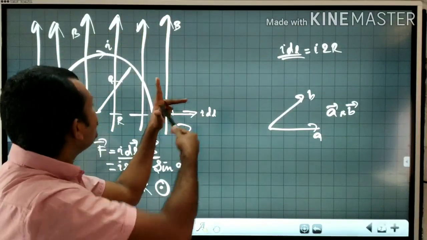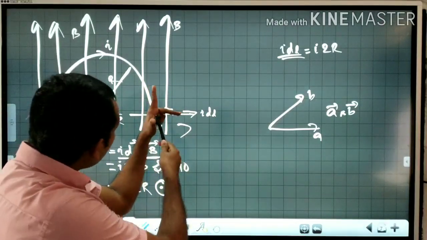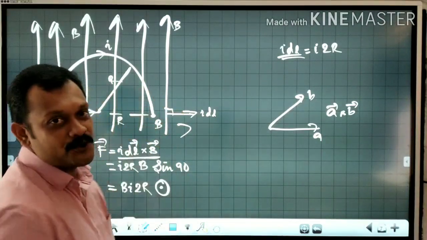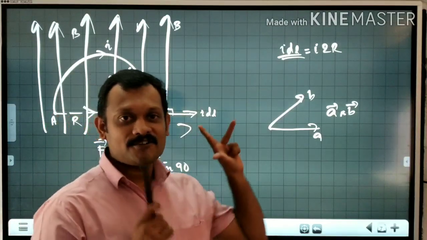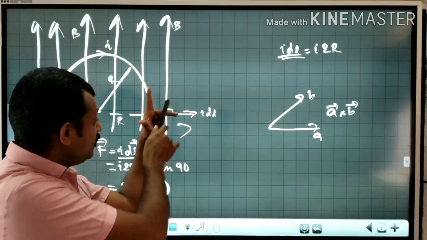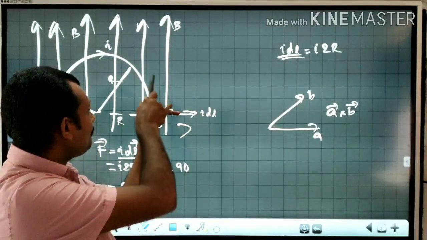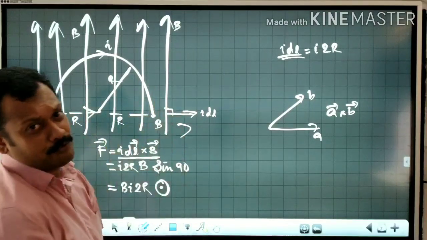So magnetic force is out of the plane of the board. That is what I told you a little before. The direction of the magnetic force on the conductor is out of the plane of the board. Child, mother, father: current, magnetic field, and magnetic force.